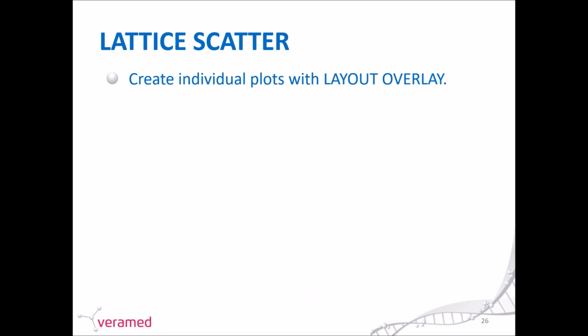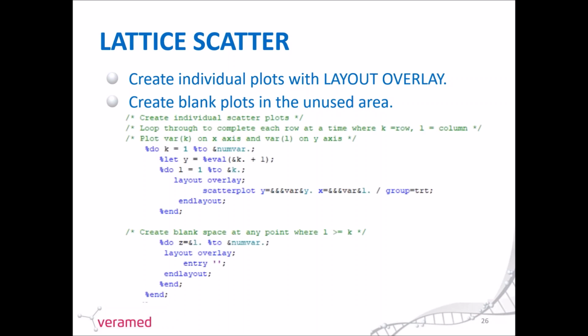We then create each individual plot using layout overlay and draw a blank plot into any area that's not going to be used. So in that original lattice, it was 4 in the first row, 3 in the second row, 2, then 1.